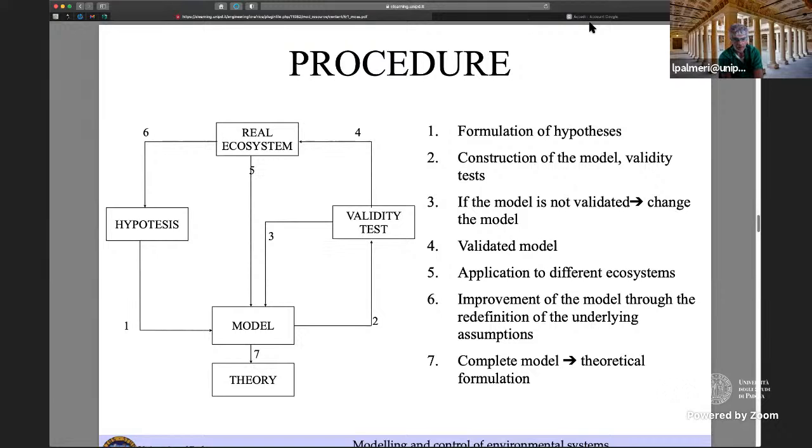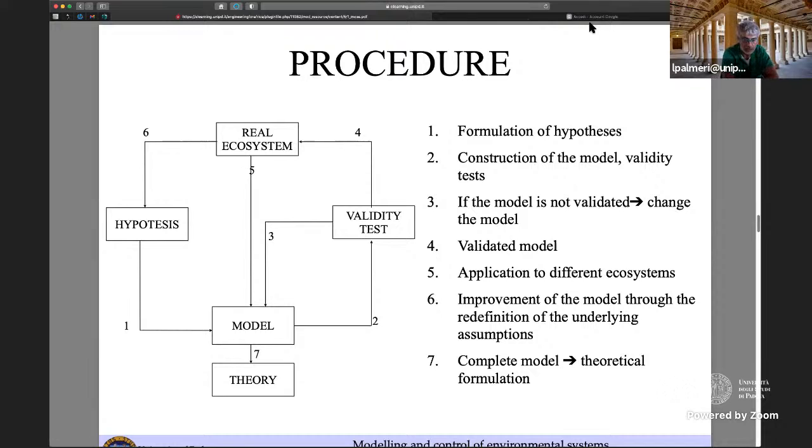For example, to stay in the realm of environmental engineers, we formulate the hypothesis that increased nutrient load into an environmental system may end up with eutrophication, so dystrophic algal growth or algal blooms. So we formulate this hypothesis. We want to test this hypothesis.